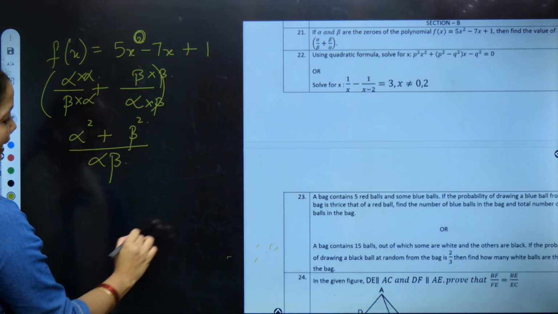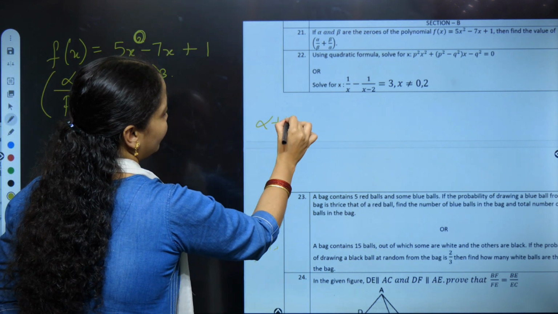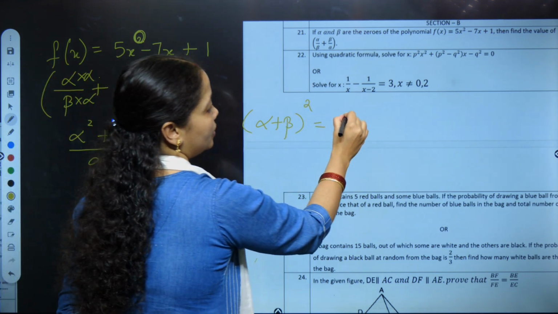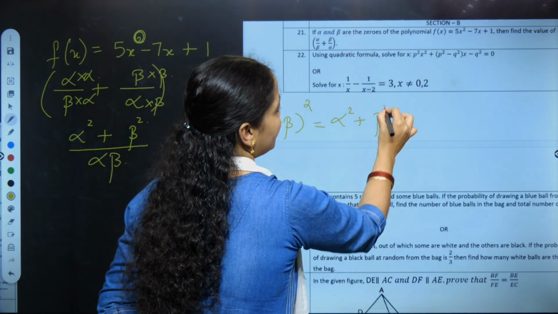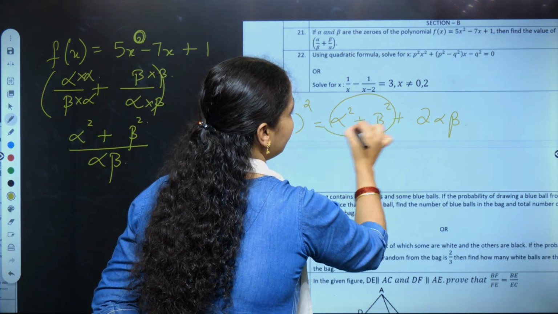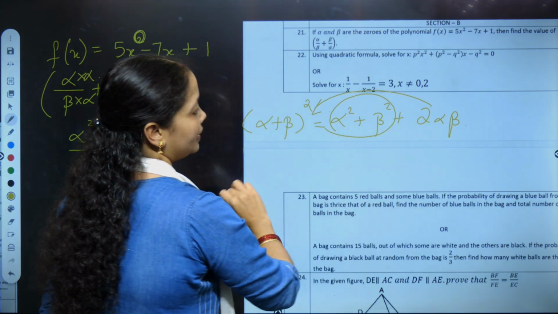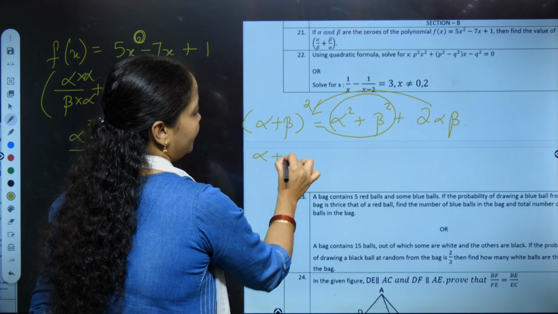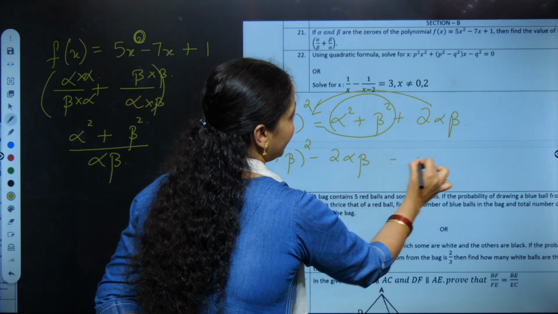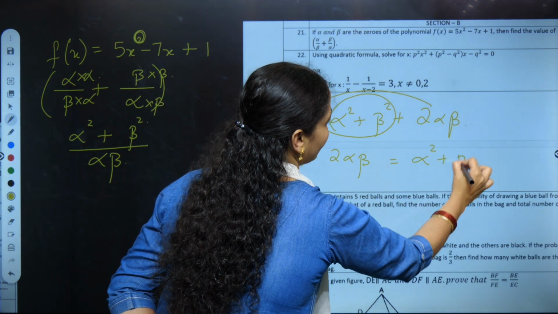Now we all know that alpha plus beta the whole square is, this is a plus b the whole square, which is a square, b square and 2ab. Now I want this, so I'll shift 2 alpha beta to the other end. Therefore, alpha plus beta the whole square minus 2 alpha beta gives me alpha square plus beta square.